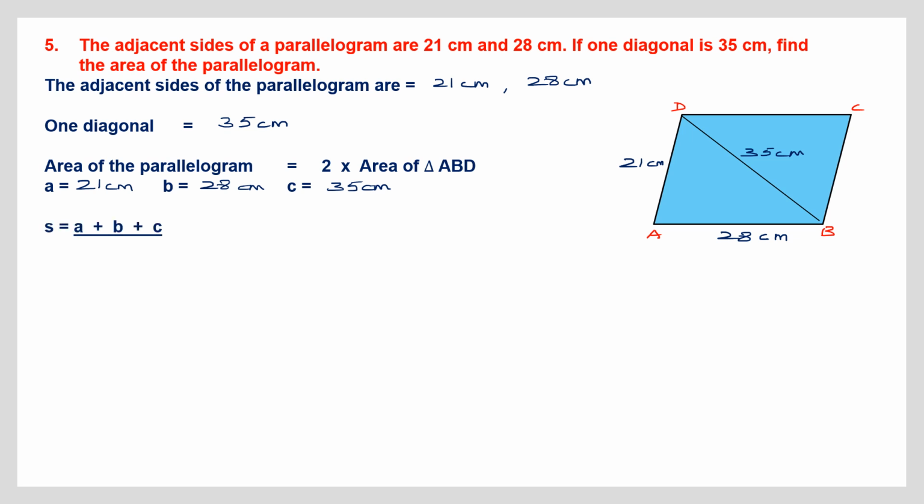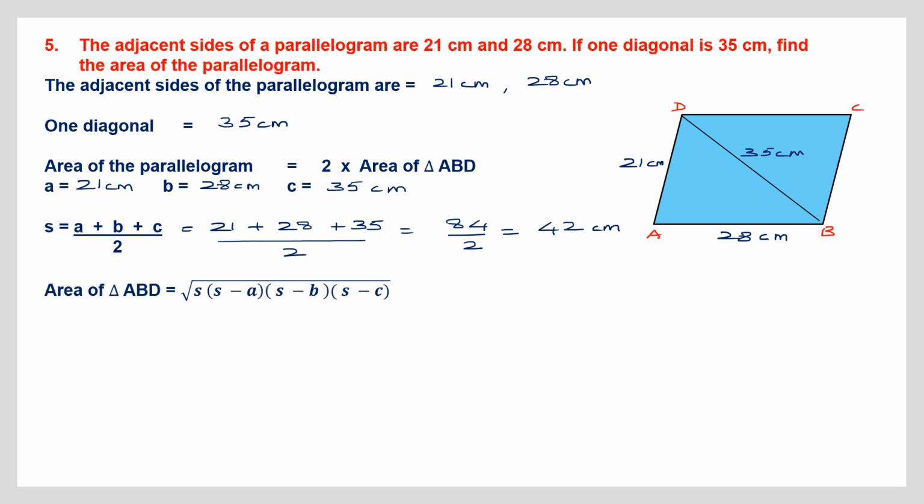A plus B plus C divided by 2. So that will be A is 21 centimeters, B is 28 and C is 35. We have to add all that up and divide it by 2. When you add all this, you get 84. Divide 84 by 2. 84 divided by 2 is 42.